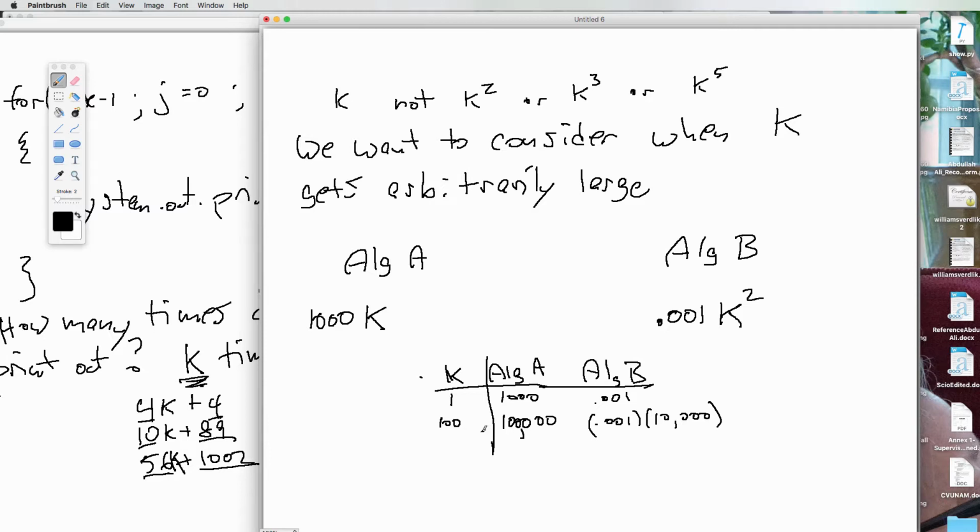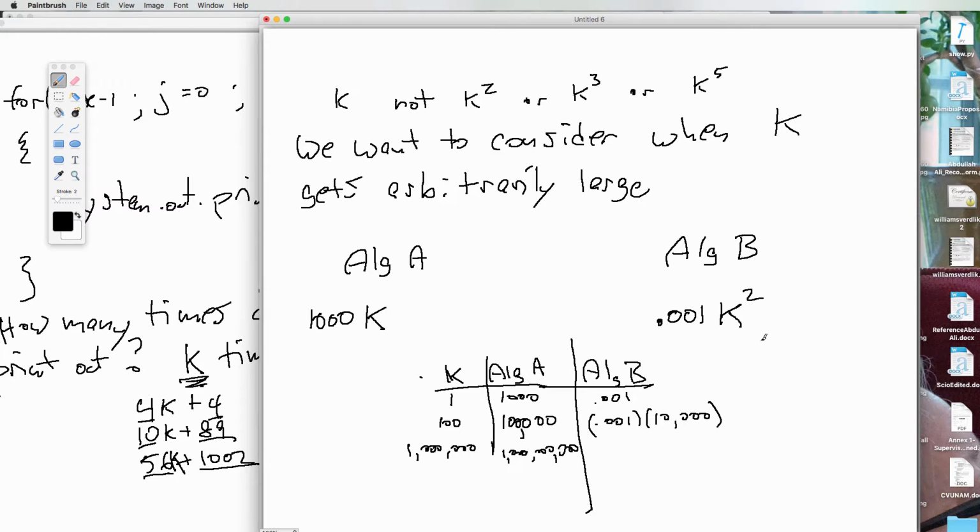Well, let's consider the following. Suppose k is 1,000,000. Now when I come over here and I look at algorithm A, that's going to be 1,000,000 times 1,000, that's 1 billion. Sorry, those things are getting pretty small. And if I come over here, and this is 1,000,000, now things are starting to look a little bit different.